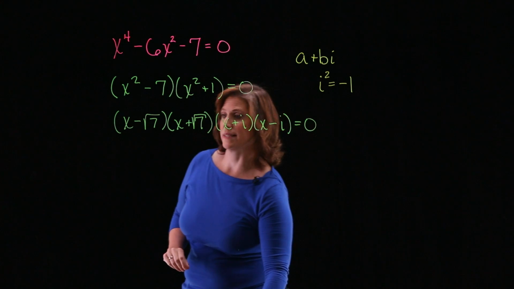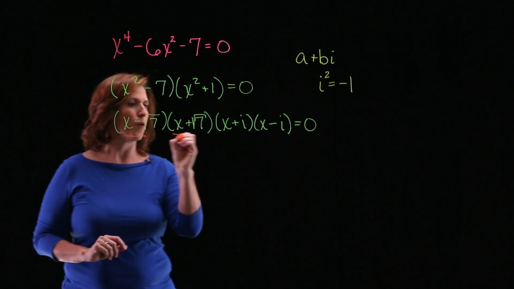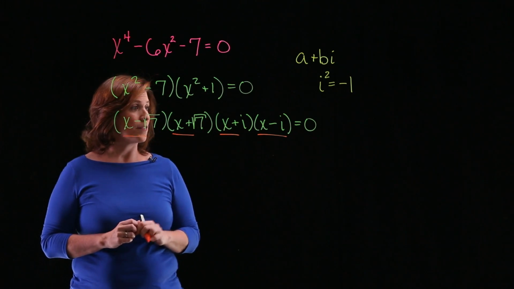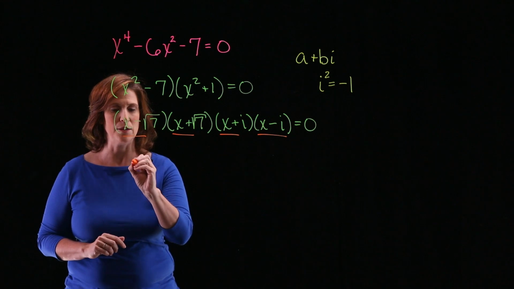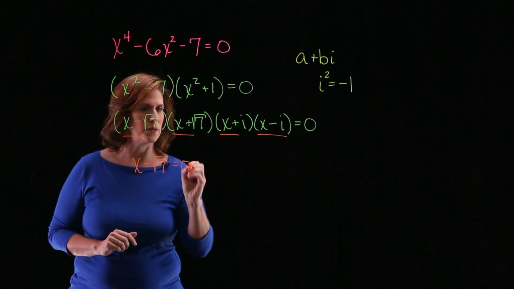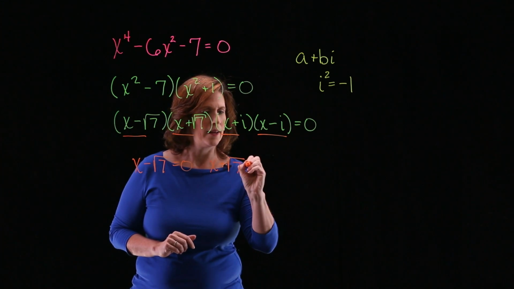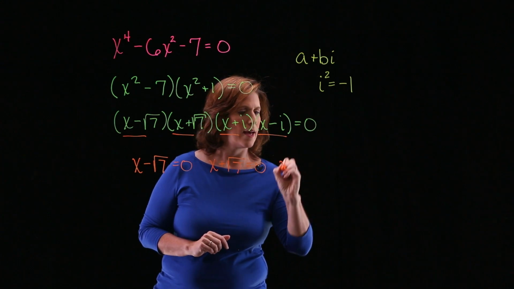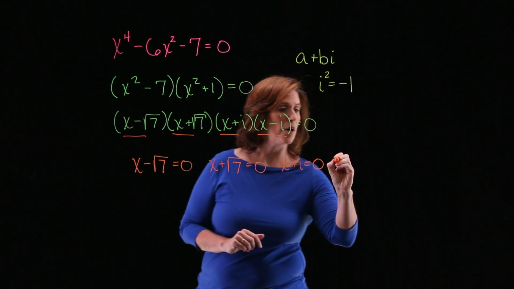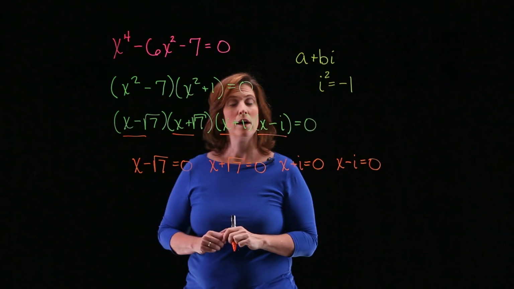Okay, next, we want to find the zeros. Notice that I have 4 factors. If I have 4 things multiplied together that equal 0, one of them has to be 0. So either x minus root 7 equals 0, x plus root 7 equals 0, x plus i equals 0, or x minus i equals 0.